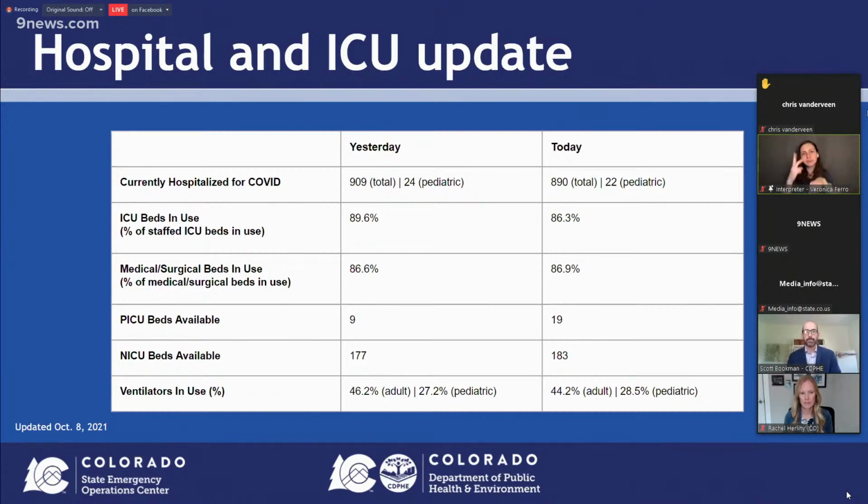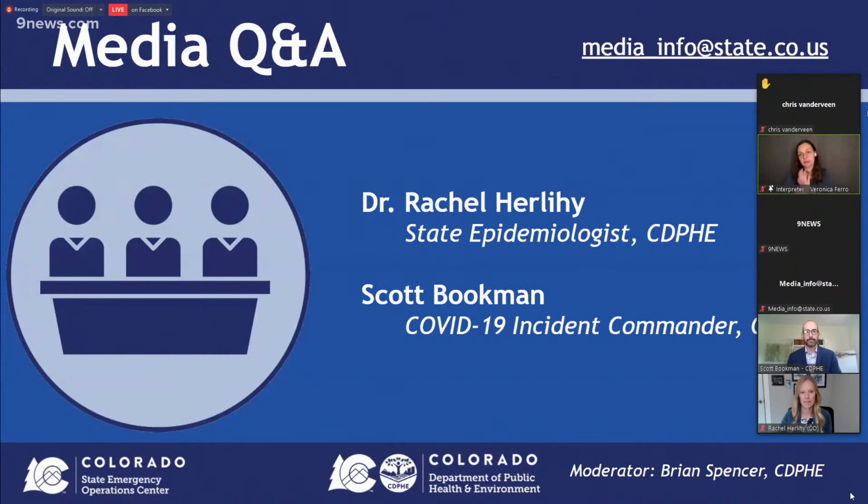But as we have also discussed over the last several weeks, we see a lower number of ICU beds available in the state than we have at any previous point in the pandemic, based on Coloradans returning to their normal lives and the impact that these COVID hospitalizations have on top of that. And so we will continue to monitor, we will continue to work with our healthcare partners to ensure that we are level loading capacity across the state to meet the needs of all. Thank you. I think that was my last slide.